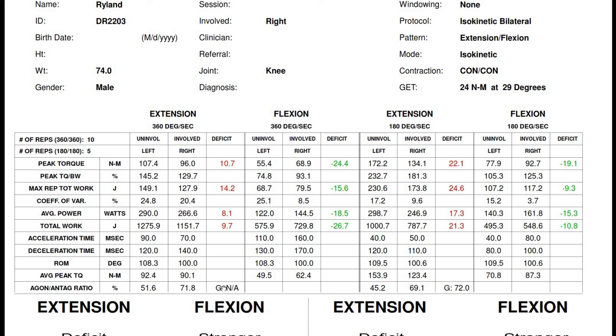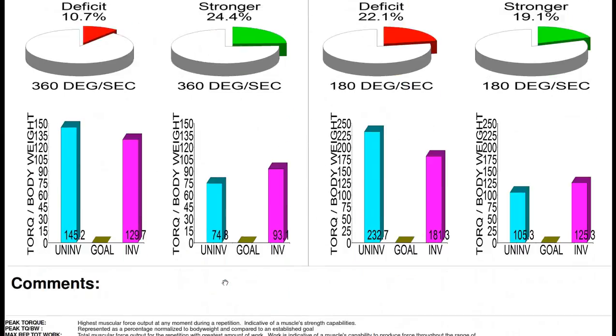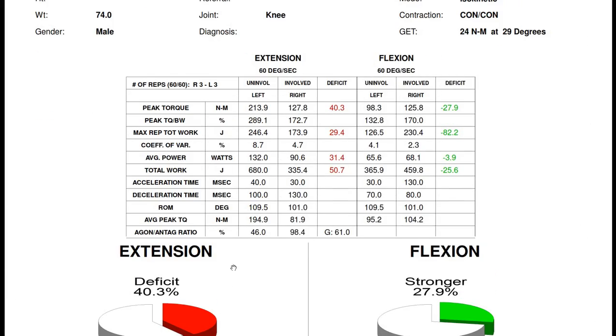For some reason they haven't reported at 360, but that should be around about 82 or 81. So again, in all but one instance, apart from the right side, there is a uni-natural deficit between the quadriceps and the hamstrings.